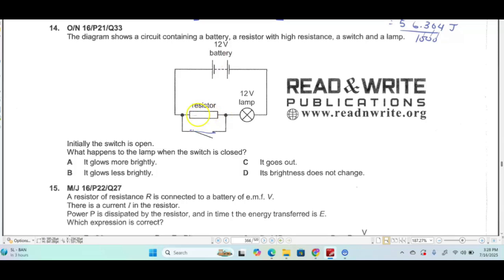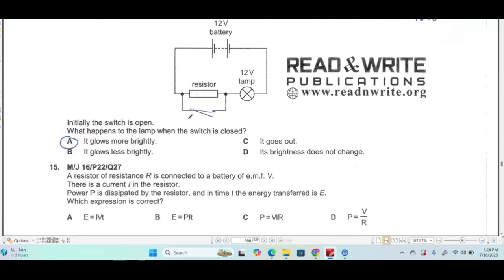When the resistance reduces, this lamp obviously will glow with more brightness. It glows more brightly. It glows less brightly. It goes out. Its brightness does not change. No, it glows more brightly. Okay? And I've told you the reason for that.